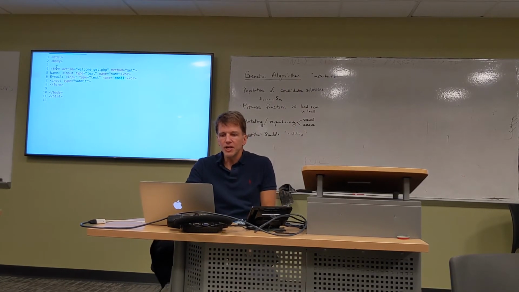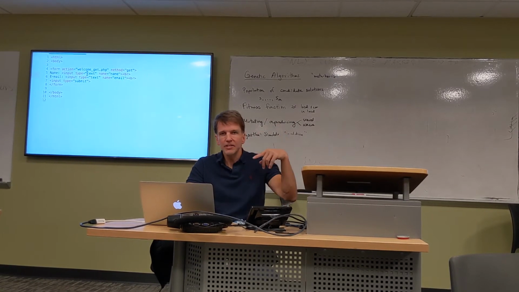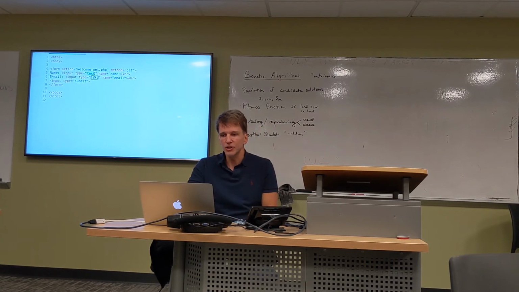So form is just an HTML object, and you can put in pull-down lists and radio buttons and menu selections and text boxes. And text boxes are the things you actually type in the answers to. The name and the email are the names of the two fields. The user is going to fill these in, and then she's going to click on this submit button, and that's going to cause an action to occur.